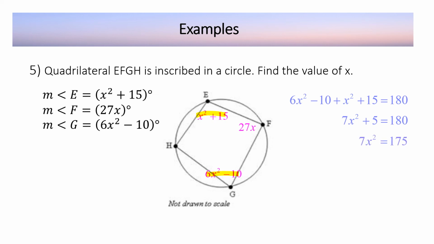Subtract 5. Divide by 7 and take the square root. We would get two values for x. We would get a positive or negative 5. But since we're talking about degree measure, we would only keep the positive value. X is equal to 5.